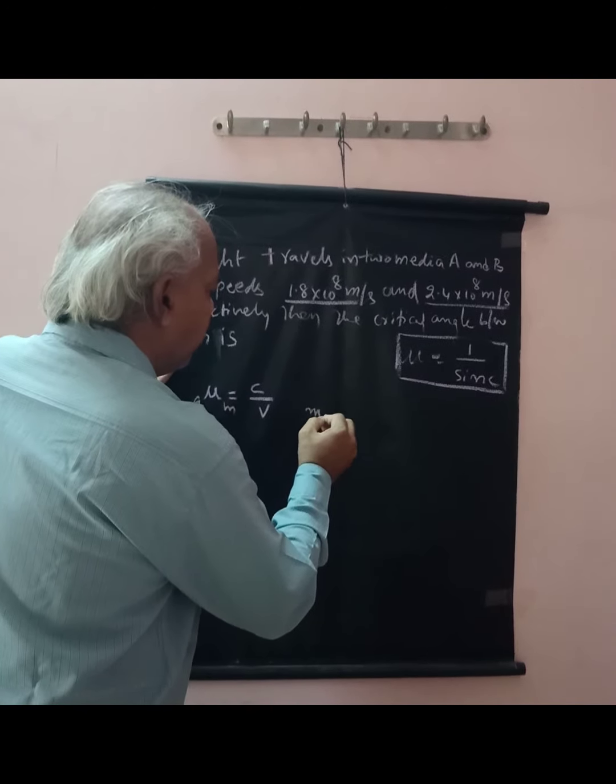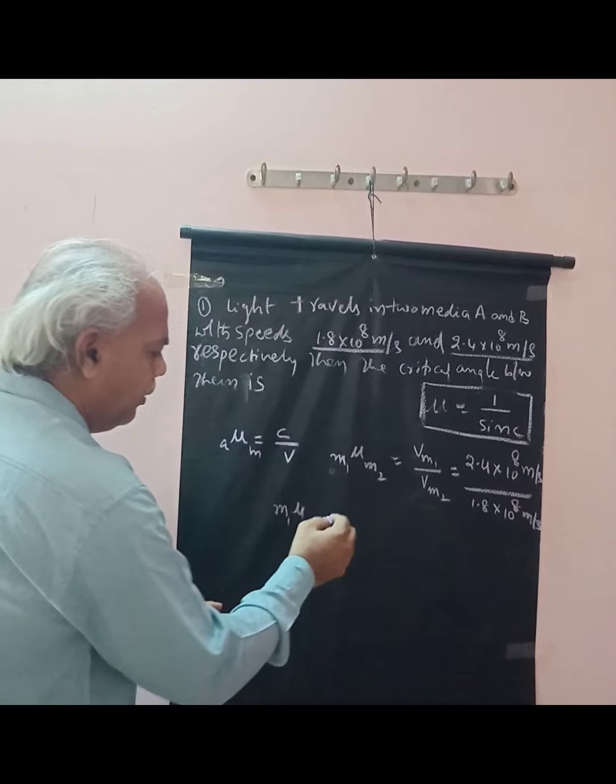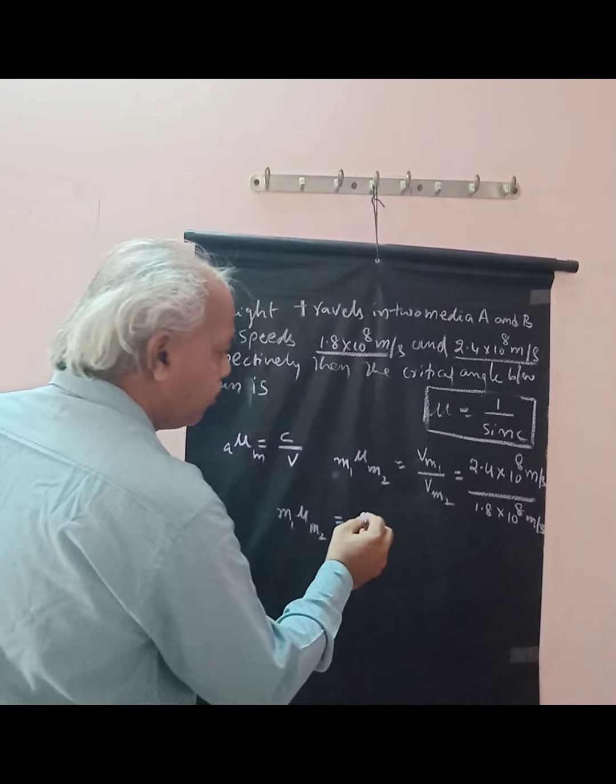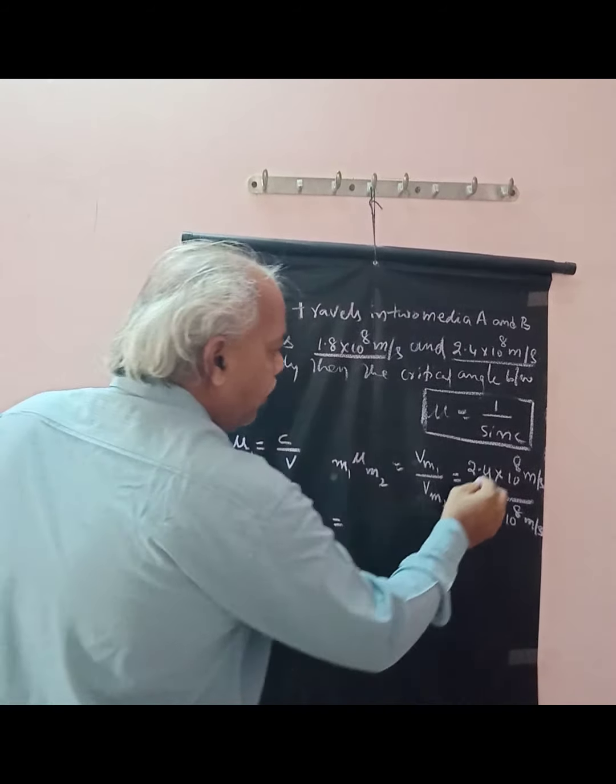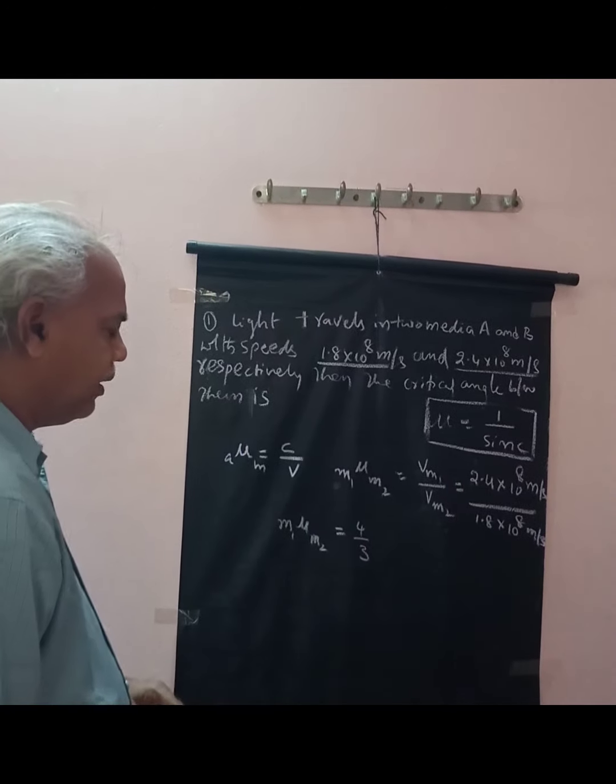Therefore, the relative refractive index of medium 2 with respect to medium 1 is 4/3. So m1μm2 = 4/3.